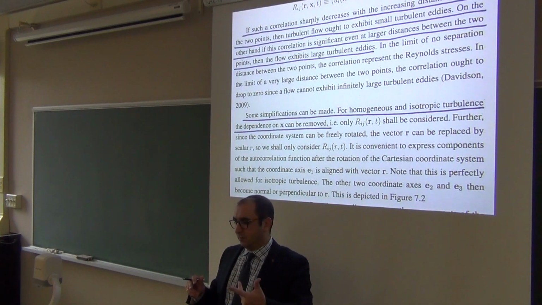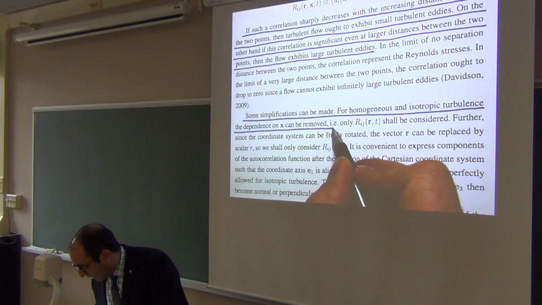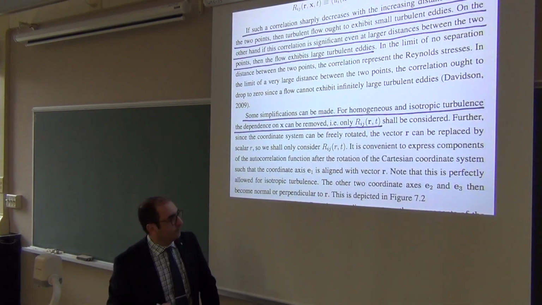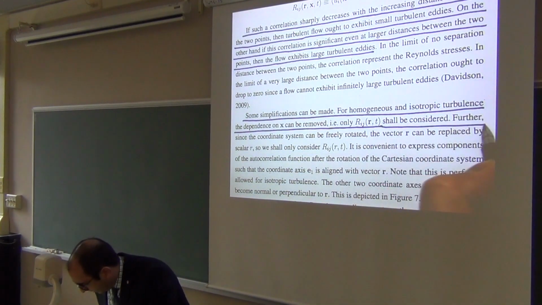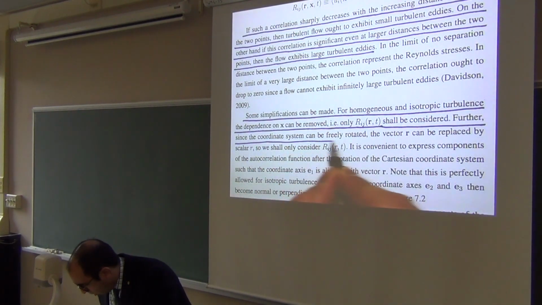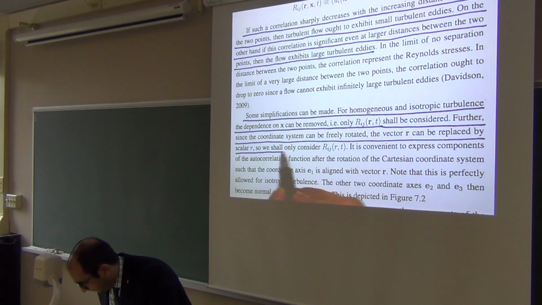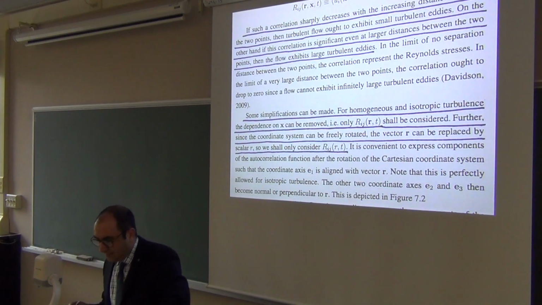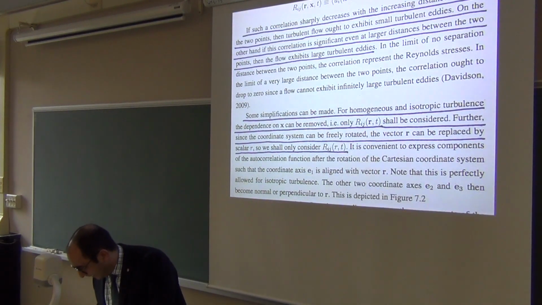Regardless of their orientation. So really, I can knock X out of the 2-point correlation. And further, I can knock the vector aspect of R, so I can look at the scalar distance between the 2 points. If my flow is isotropic, so it becomes very simple.